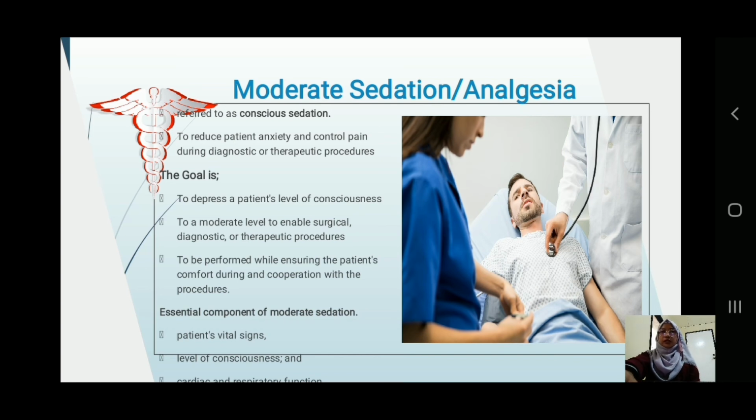So moderate sedation analgesia helps the patient to relax.